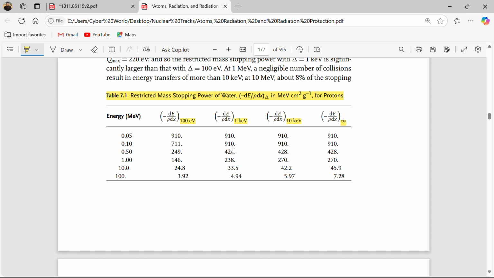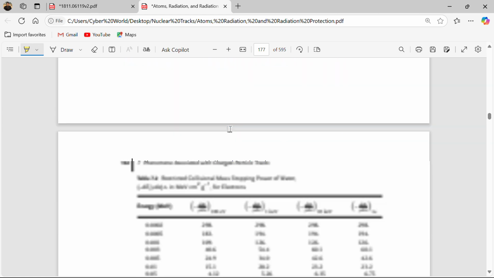You can see LET for 1 keV is 238. So if the energy is 1 keV, it is 238 for water. Understood? For water.